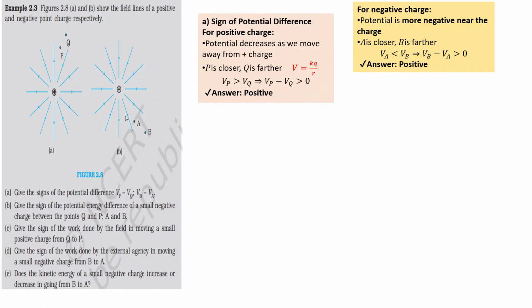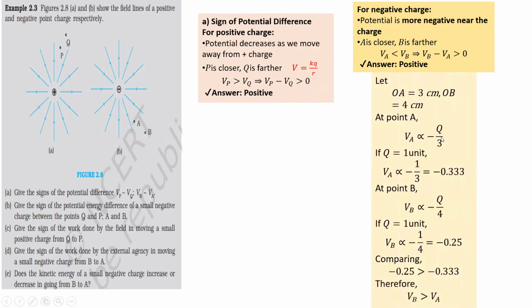So, negative values, for example, minus 3 and minus 4. Which is larger? Minus 3 is larger than minus 4. Therefore, this is a negative potential. Therefore, VA potential is less and VB potential is more. Therefore, VB minus VA is greater than 0.